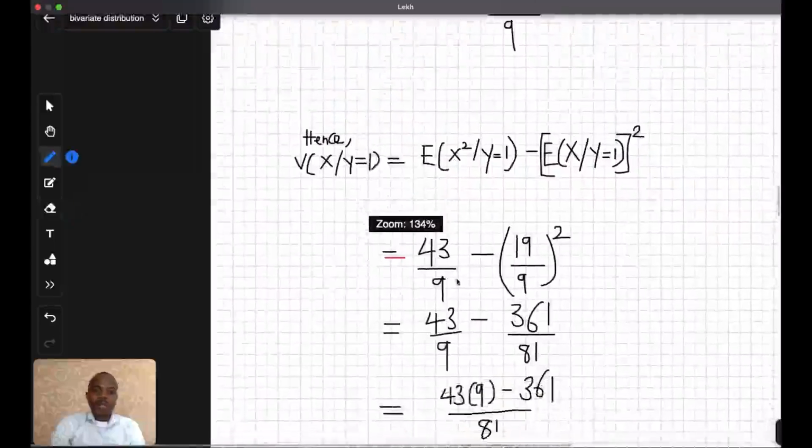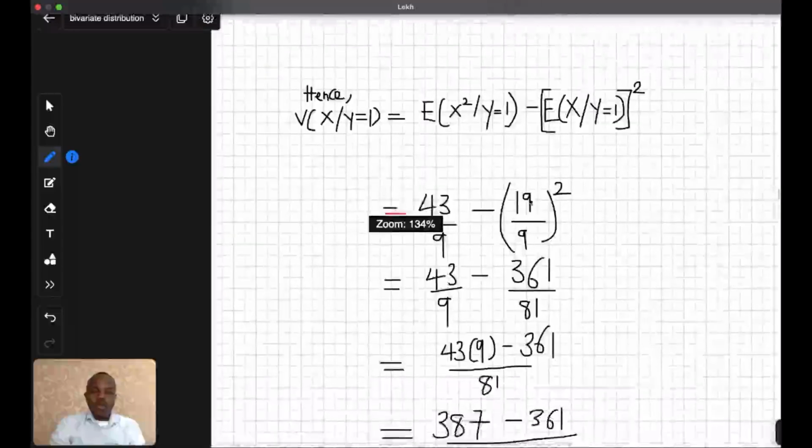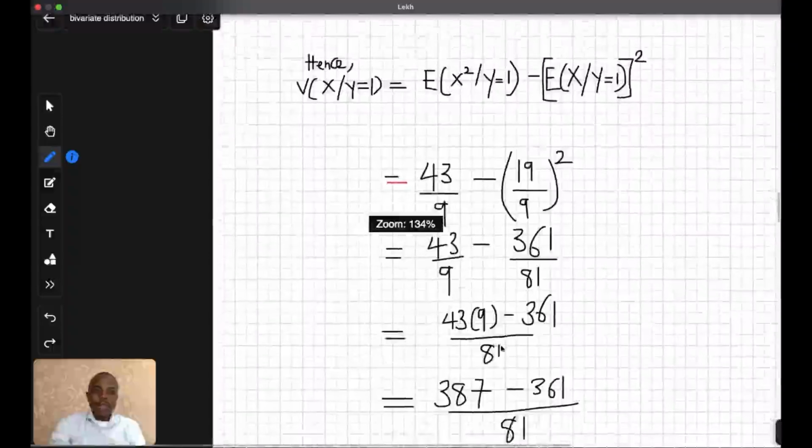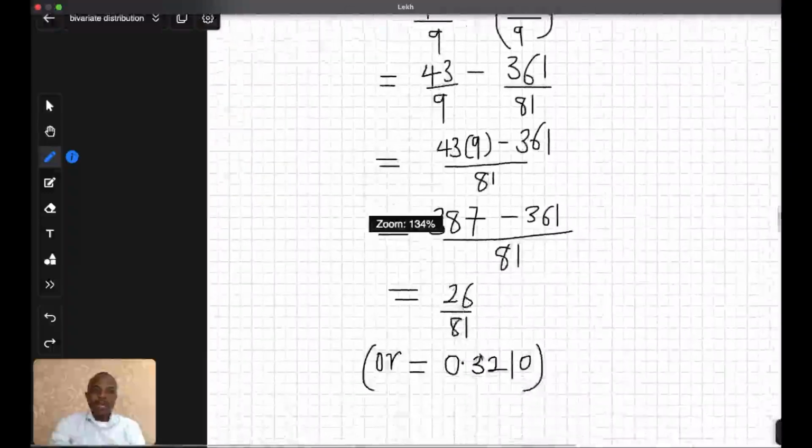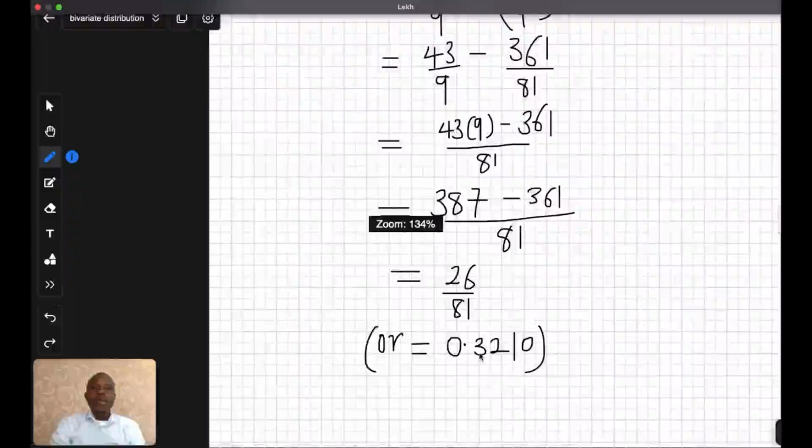We are going to get 43 over 9 minus 19 divided by 9, squared. When you do your mathematics, you get 361 divided by 81. And then when you find the LCM and do your mathematics, you end up getting 26 divided by 81 as your answer. All right, so we are done with the second question, and we are left with one more question.